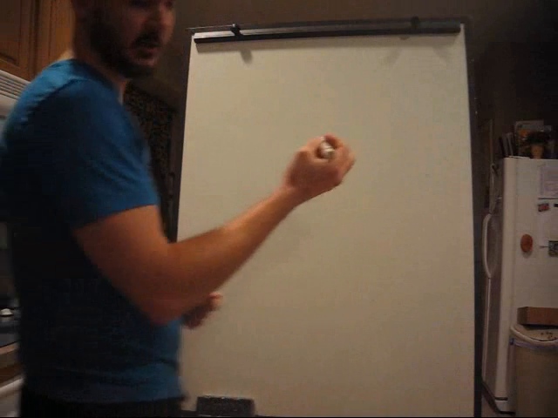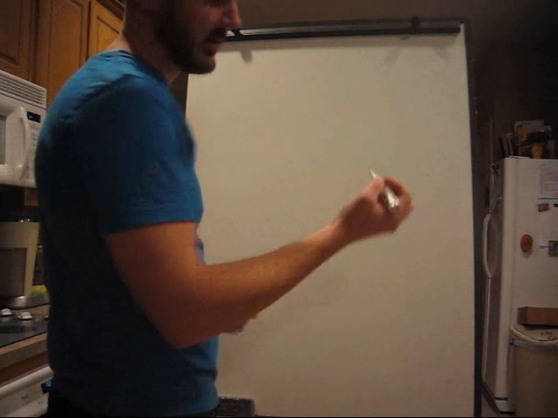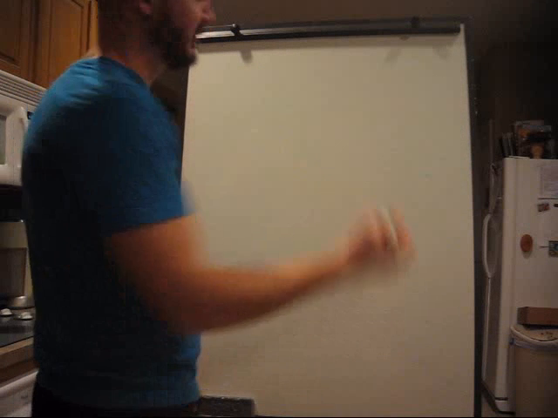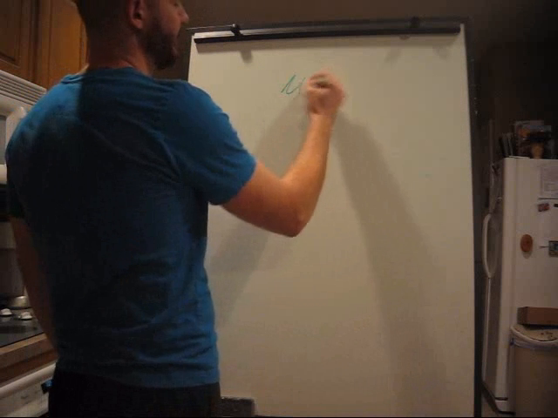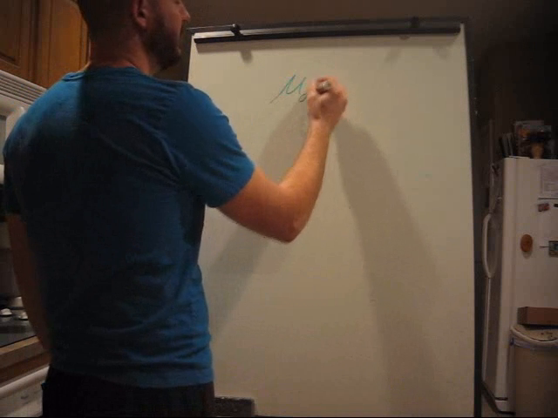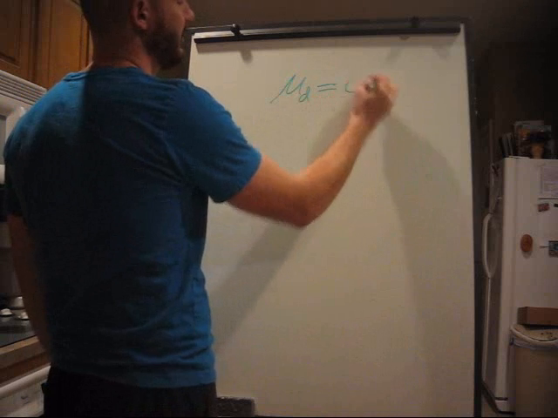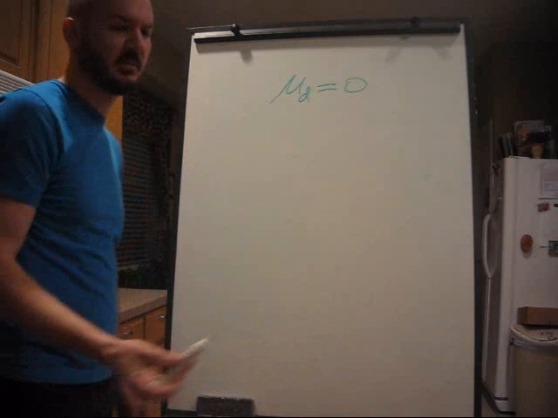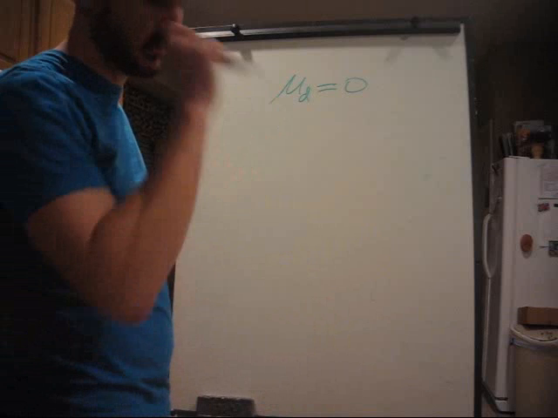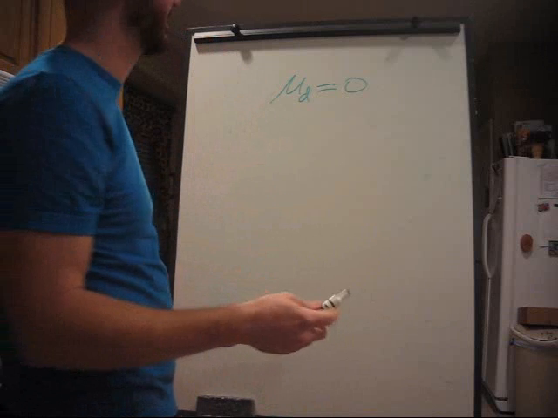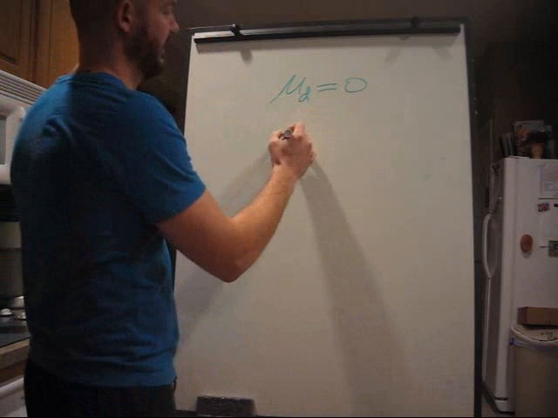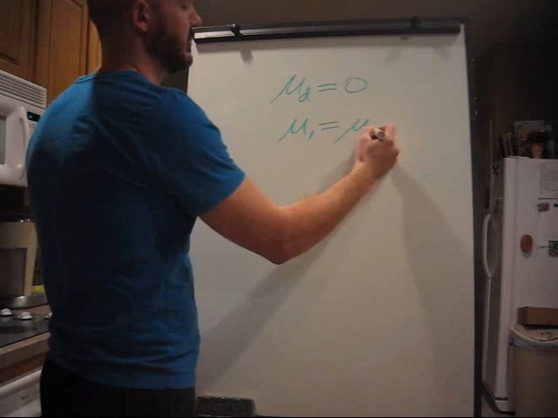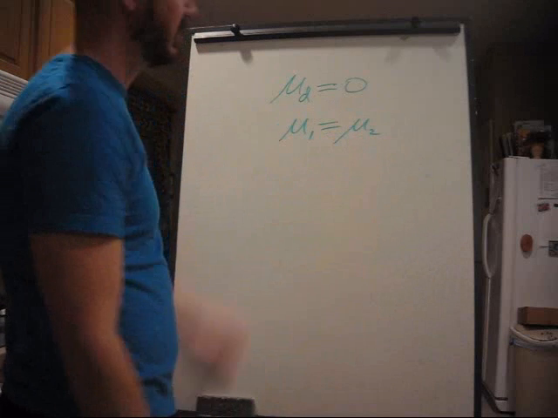Before we get cranking on that, let's look at dependent samples, where I used mu sub d equals 0. On this one, I'm not going to state the null hypothesis like that. I'm going to state it as mu sub 1 equals mu sub 2.